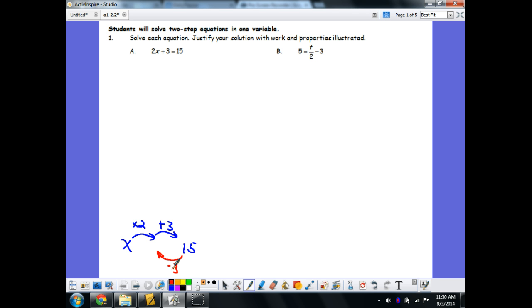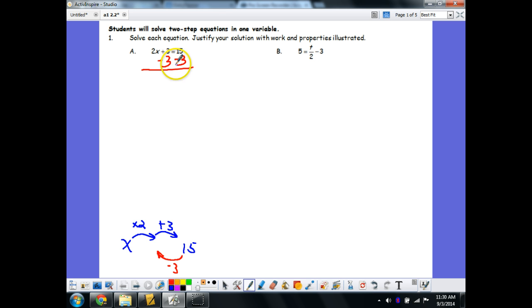And this flow chart down at the bottom is sometimes used as a new method for solving these. I tend to use it just as a diagram to show the order in which we do things. So then our first step is to subtract 3 first. Okay?